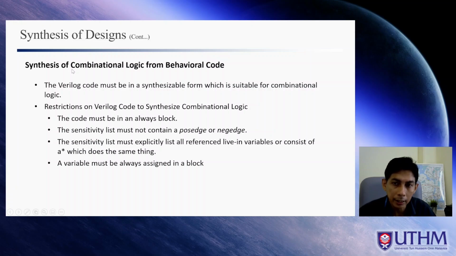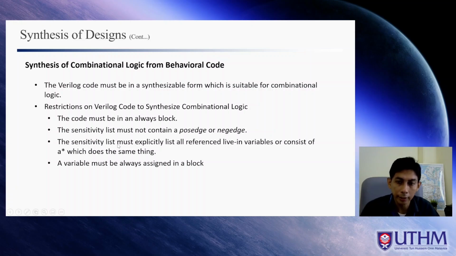What is a combinational circuit? We will learn in detail in the next chapter, but in general, a combinational circuit is a circuit where the output responds or changes immediately after any of the inputs change state.